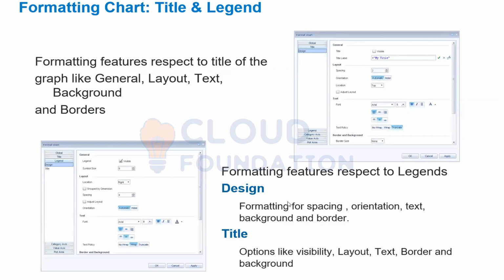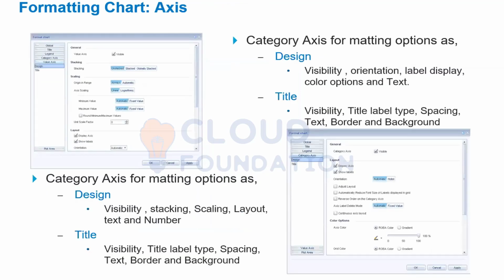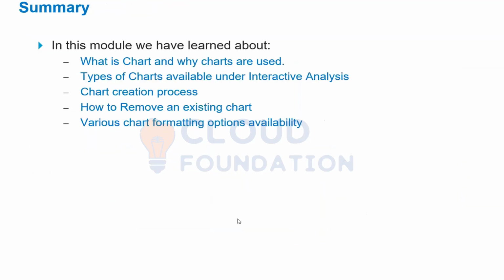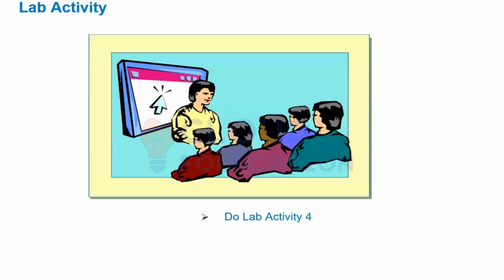All the options are there like in our Excel. With respect to legends also same, how should be the orientation. These are all formatting options. So this is about charts and its formatting.